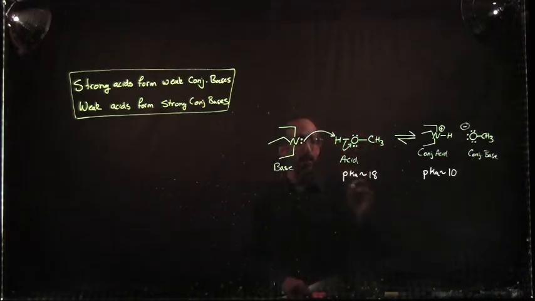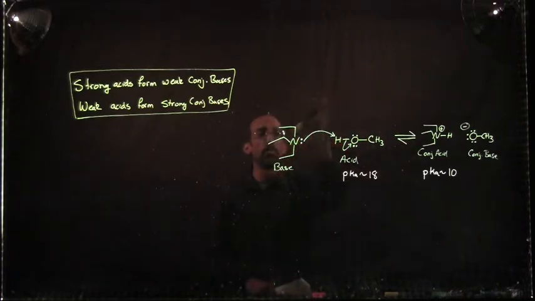And so here now, comparing between our starting acid and our produced conjugate acid, we see that the higher pKa is for our starting acid, which tells us overall that the reaction favors this side of the equilibrium. So this is our favored side of the equilibrium.